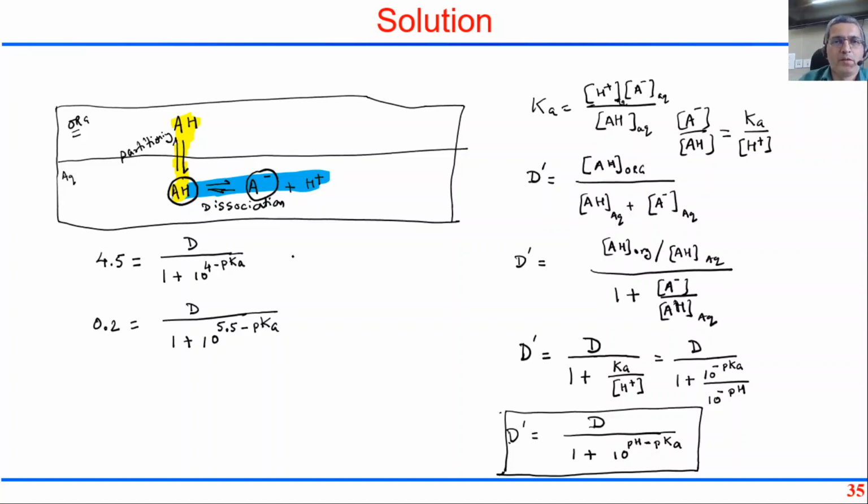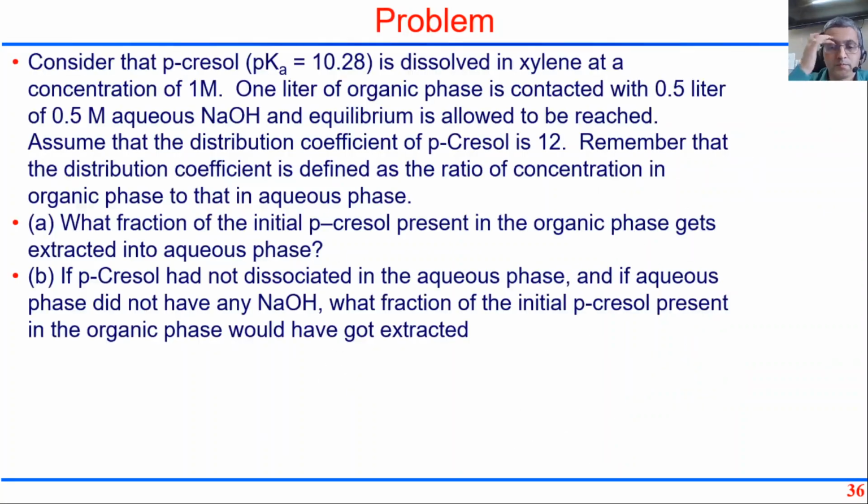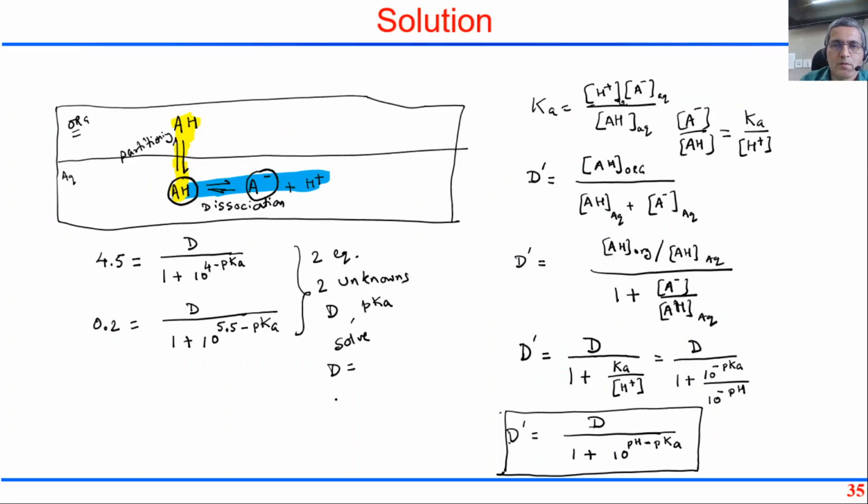Do you agree with that? So we have two equations, two unknowns. One unknown is D and the other unknown is pKa or Ka. Can we solve? Solve for D and solve for pKa.